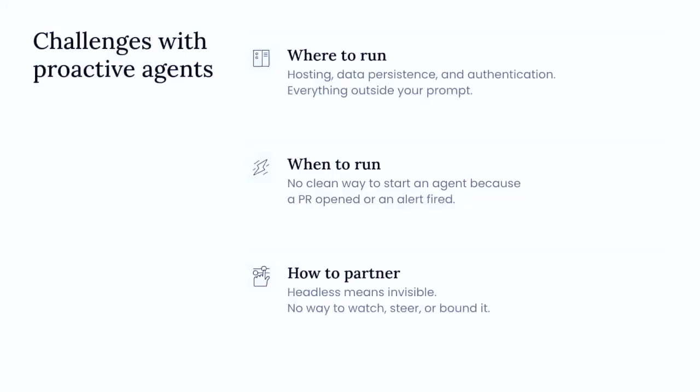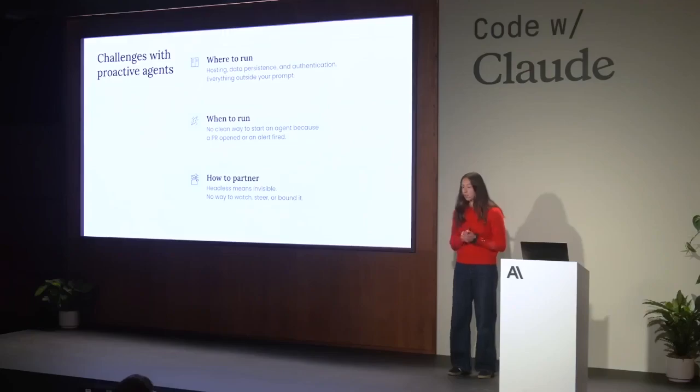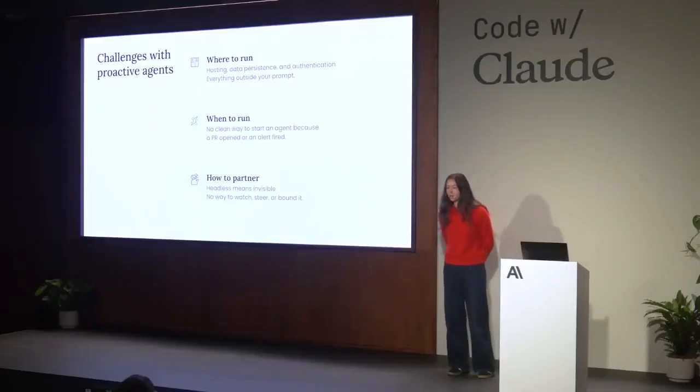So I want to talk first through the challenges with building proactive agents today. We all know it's doable, but I want to talk about what's a little bit cumbersome with this. The first thing that's difficult is deciding where these agents should run.